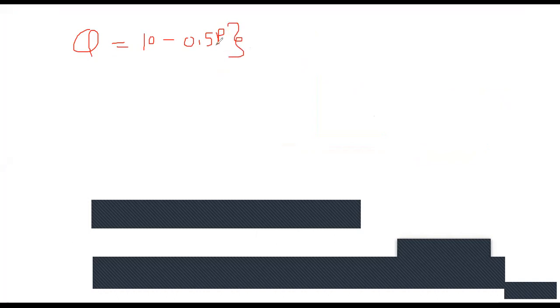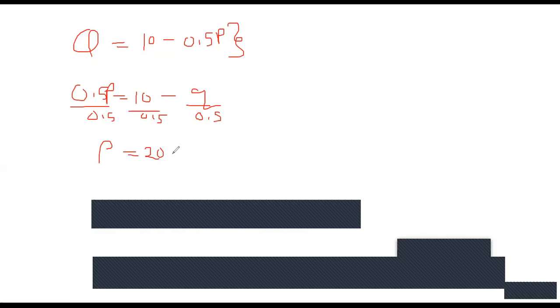You can make P subject here, and this one comes inside, this one comes there to be 0.5P is equal to 10 minus Q. And this one we divide by 0.5 throughout. So our demand function will therefore be P is equal to 20 minus 2Q. This is what we call the inverse demand.